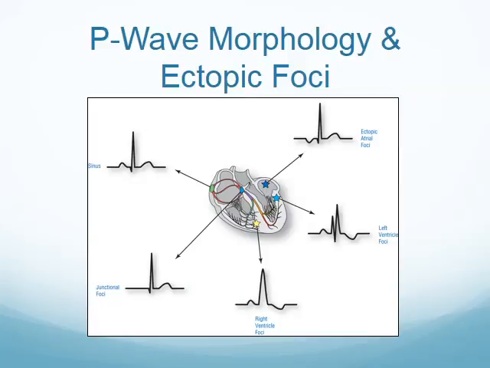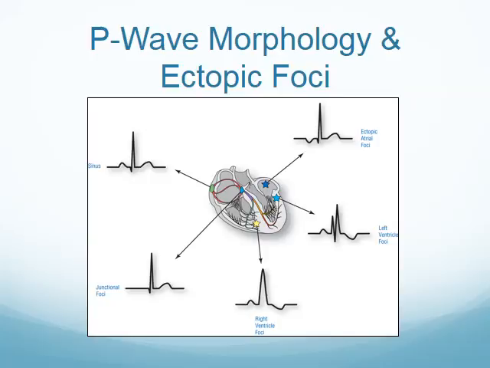You can have some different looking P waves, morphology, whenever you have ectopic foci that are causing the P wave. Like we said, if you guys remember, the pacemaker cell isn't always going to be the sinus node. That beat can sometimes originate from somewhere other than the sinus node, and obviously our P wave is going to look different if it's not the same clump of cells providing that stimulus.